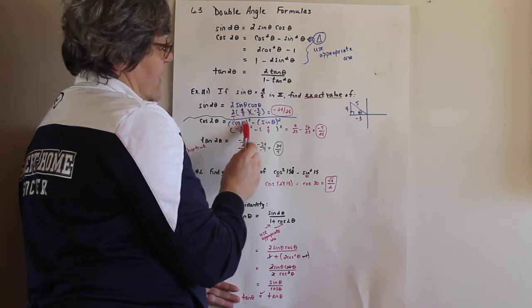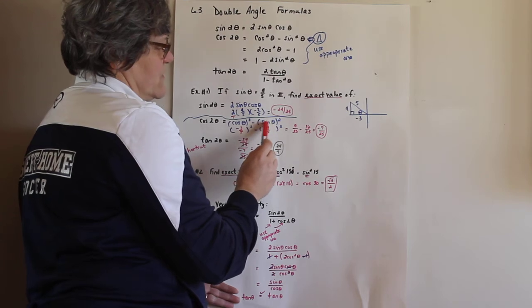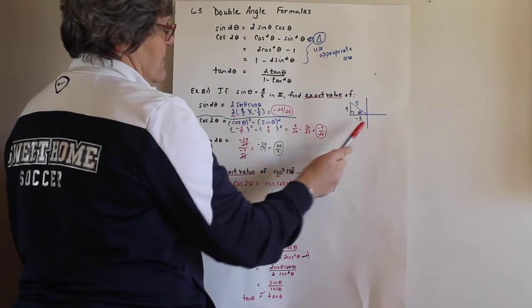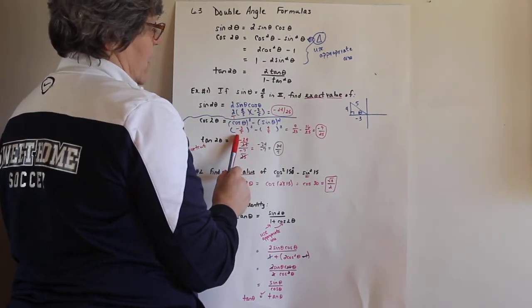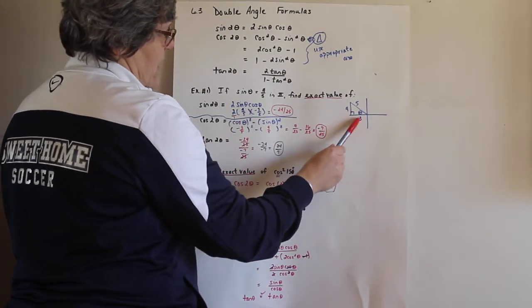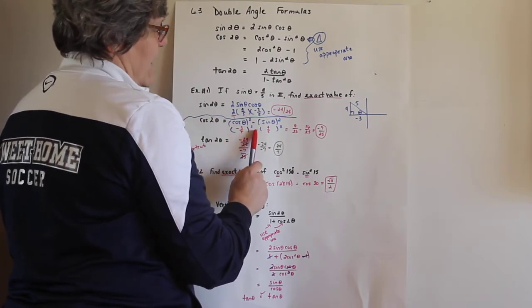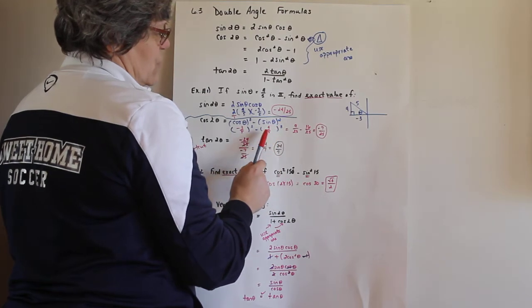So we have cosine of theta in parentheses squared minus sine of theta in parentheses squared. When we do our substitution, we know that our cosine theta answer is a full number now. We do not carry the trig word anymore. So cos of theta, -3 over 5, in parentheses squared, minus sine of theta, 4 over 5, in parentheses squared.